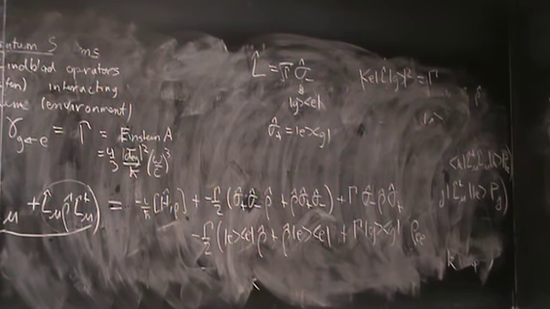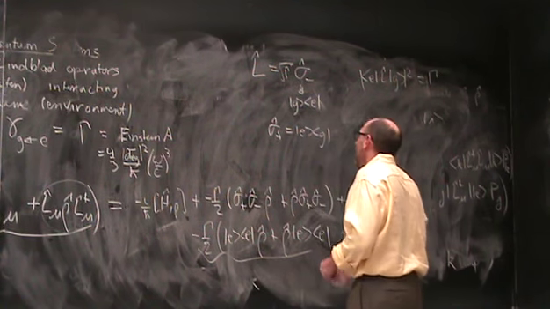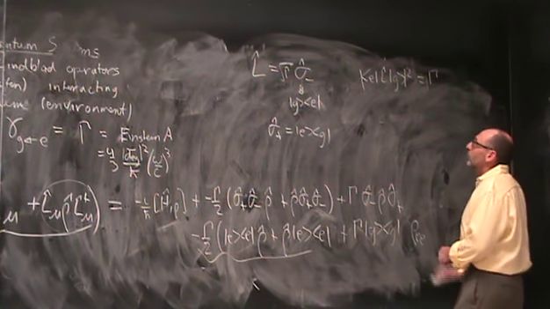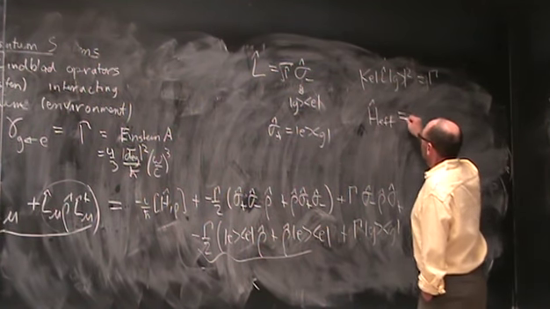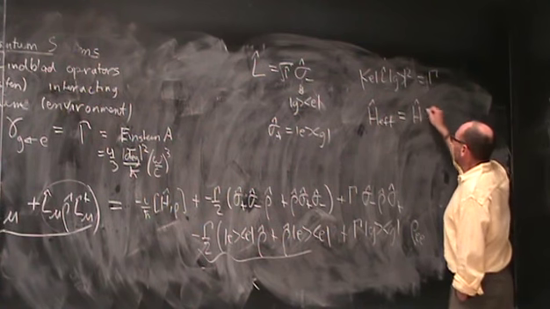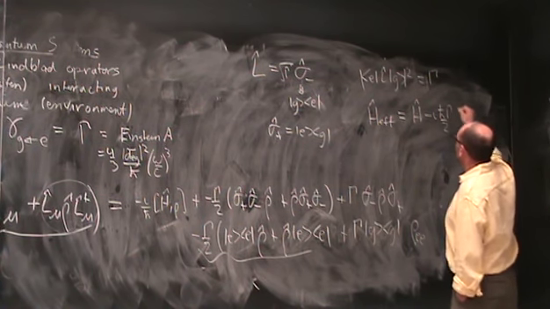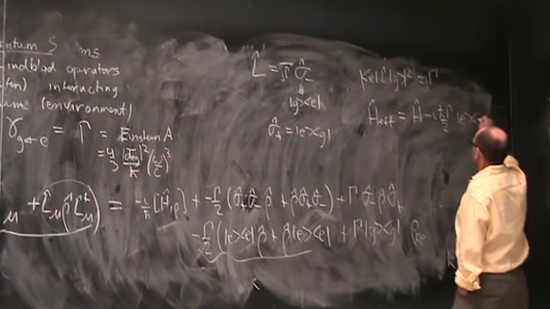Which of course is equivalent to having the non-Hermitian Hamiltonian, where H effective is equal to the Hamiltonian minus i h bar gamma over 2, L dagger L is EE.